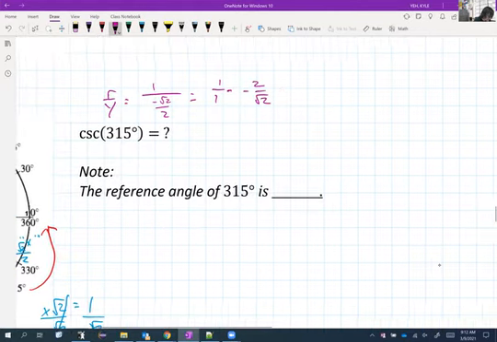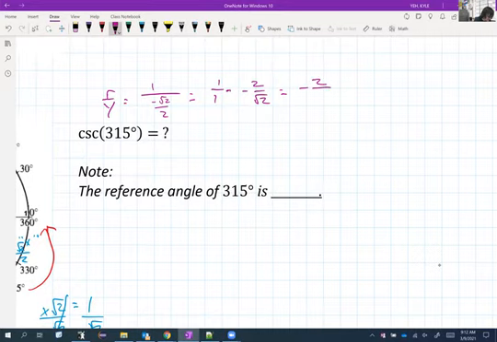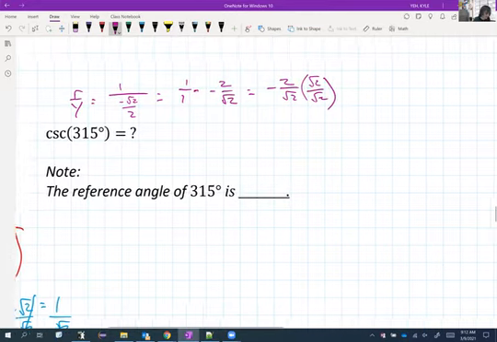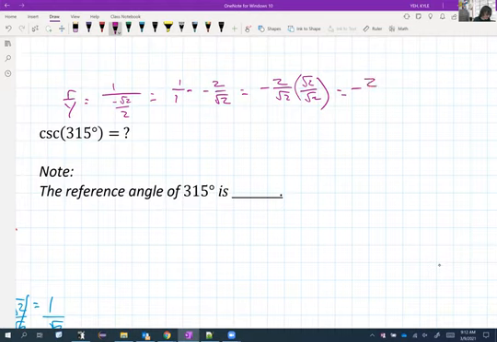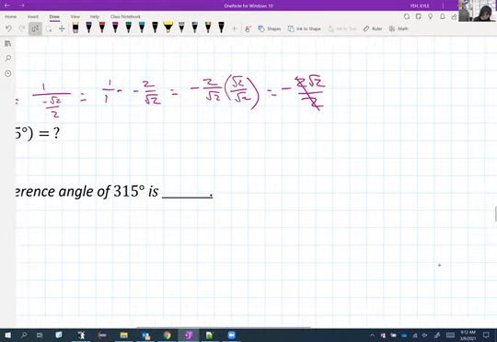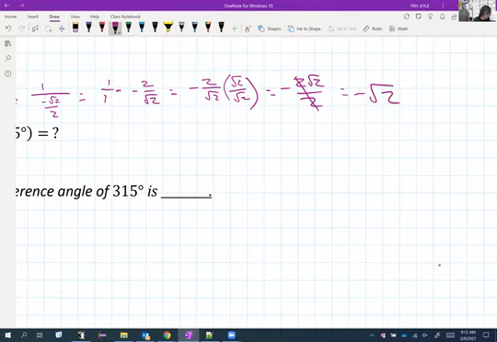And so we get negative 2 over root 2, which we multiply by root 2 on top and bottom, we get negative 2 root 2 over 2, or just negative root 2.